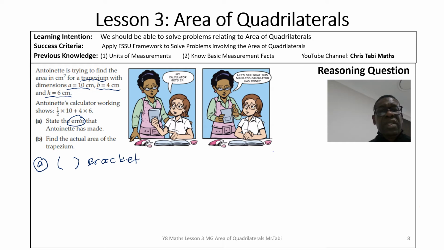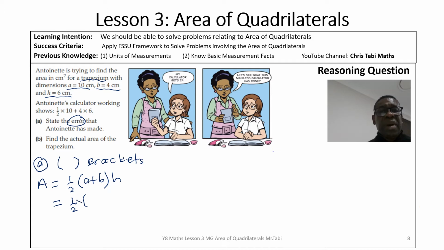She forgot the brackets because, as you can see, the area of a trapezium is half into bracket A plus B multiplied by H. So if you do the substitution, it's half into bracket.